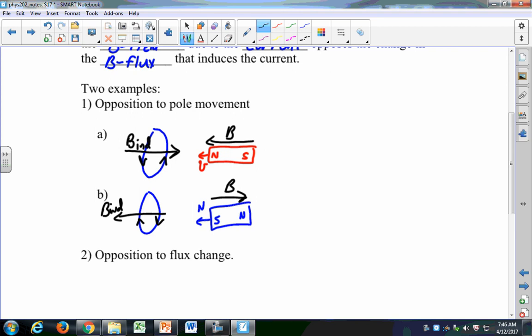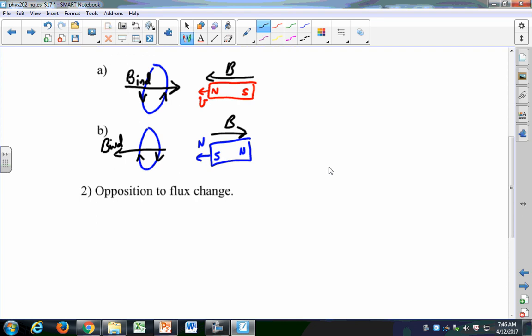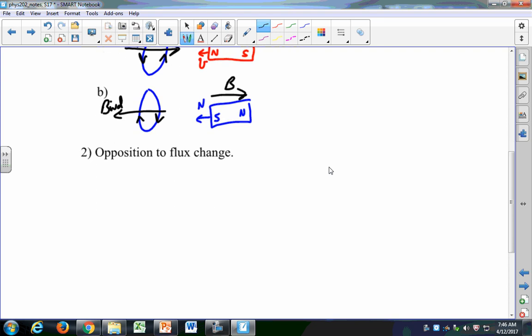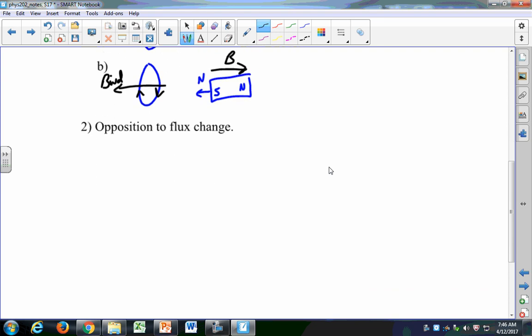Now you can also have opposition to pole movement, and don't sweat it if you're not getting this. I figure most of you aren't getting this right now, but we'll do some examples and I'll show you how to figure out the direction of the current and the direction of the induced magnetic field. You can also have opposition to flux change.